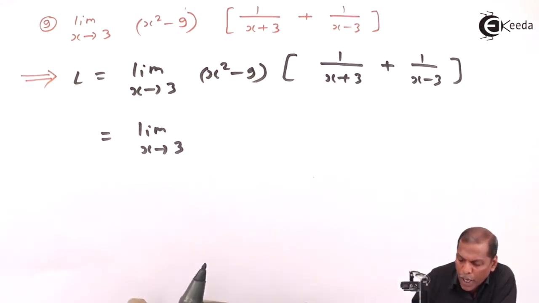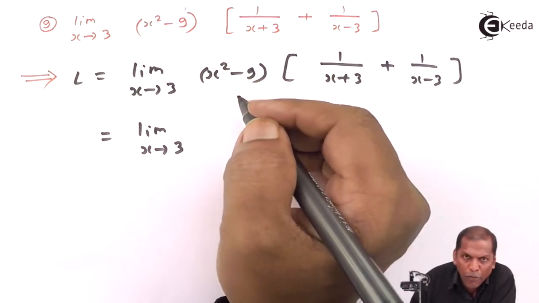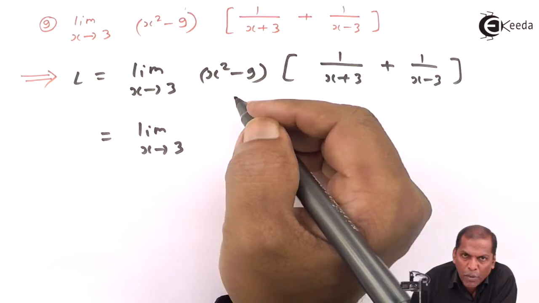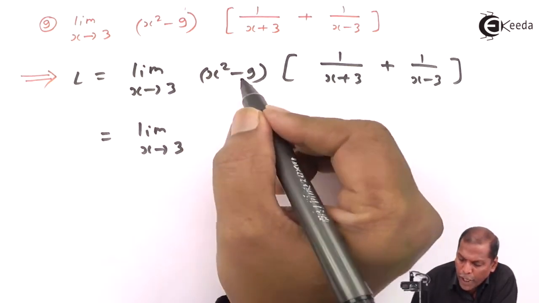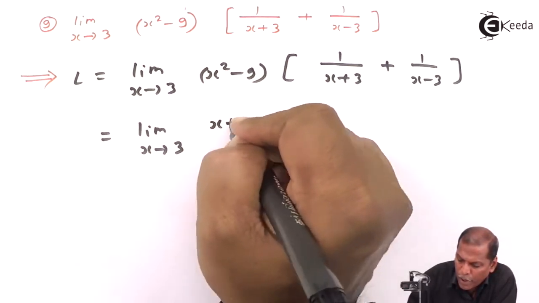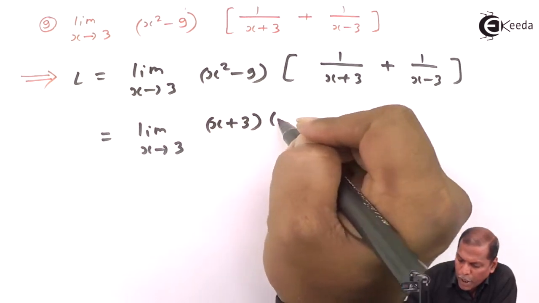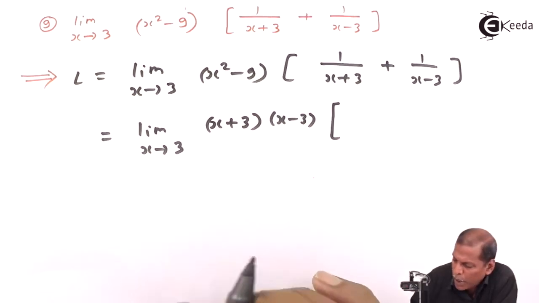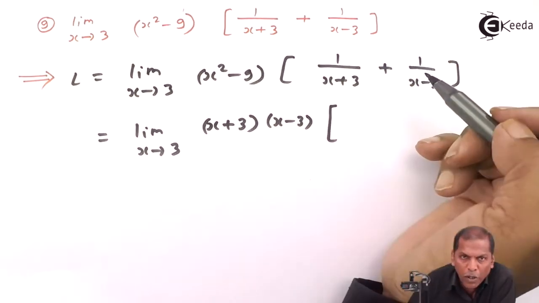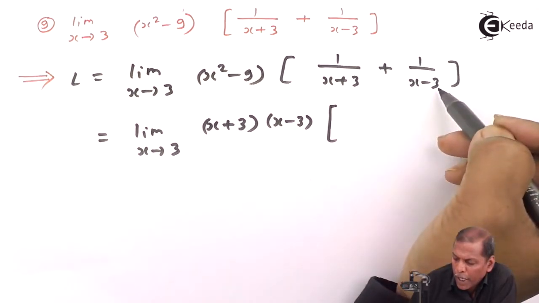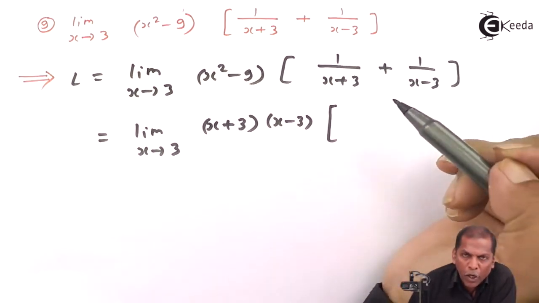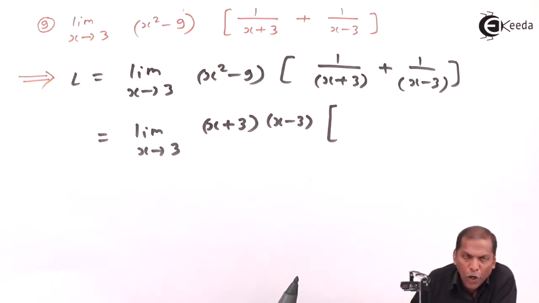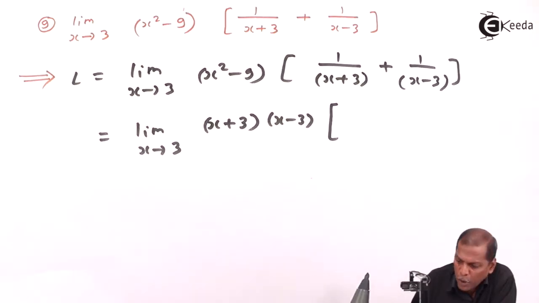Now x square minus 9 can be factorized by using the formula a square minus b square, which gives us (a minus b)(a plus b), and therefore x square minus 9 can be written as (x plus 3) into (x minus 3). Now inside the square bracket, if you observe, the terms x plus 3 and x minus 3 which are present in the denominator are totally different, and therefore we go for cross multiplication inside the square bracket.